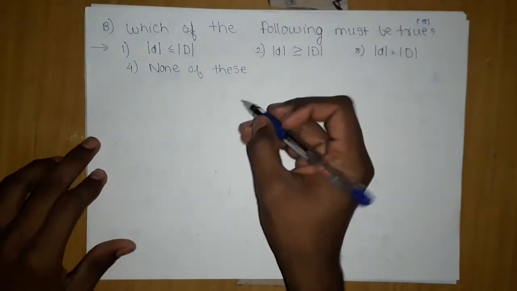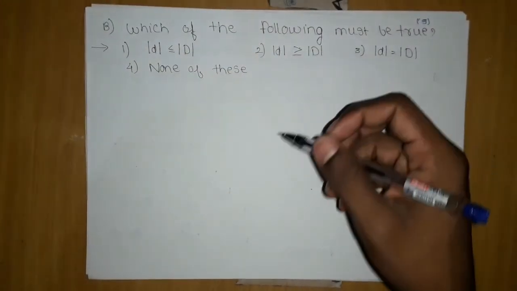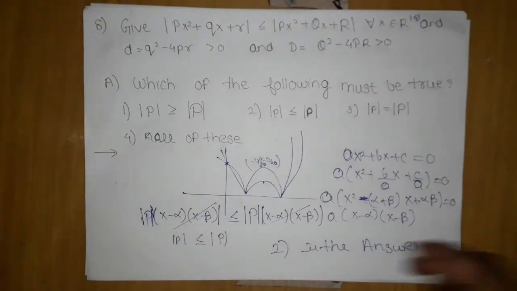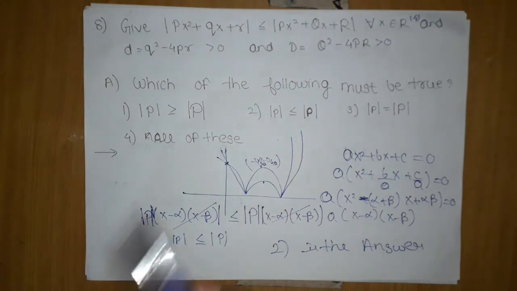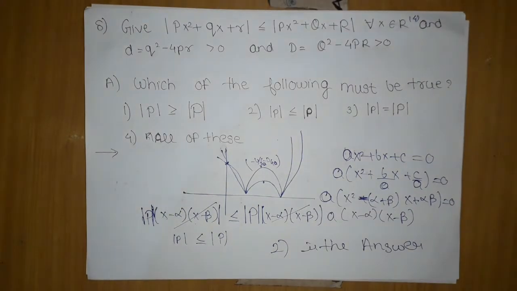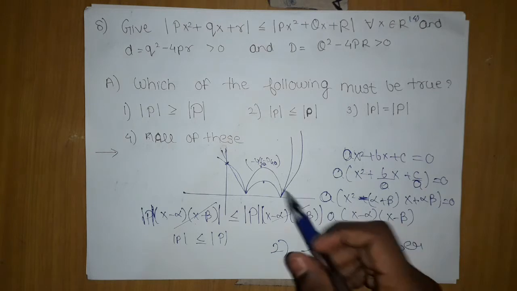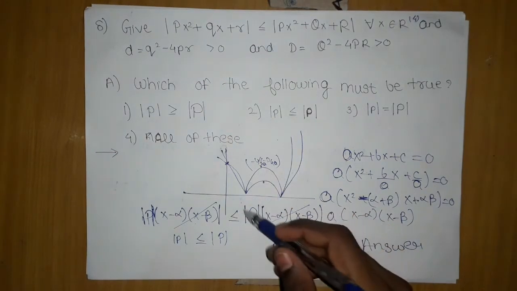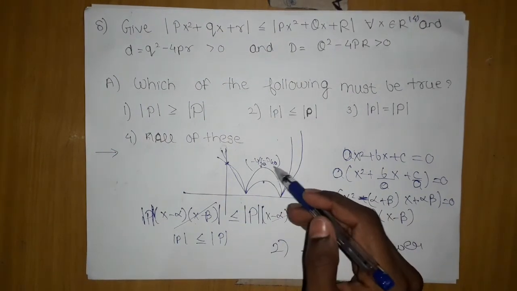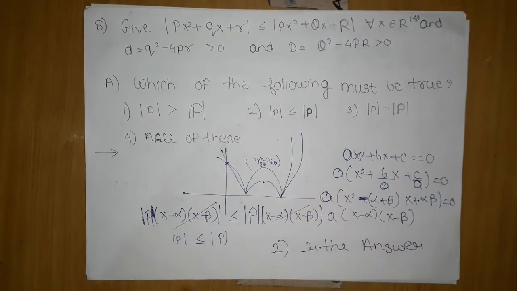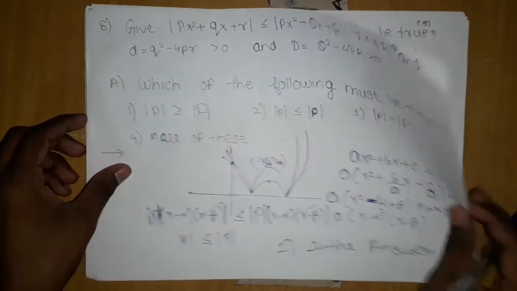Now if you remember the graph, let me take the graph again. The graph is like this, and as I have told, the roots are common for this to occur. If the roots are common and the quadratics are the same, the maximum value of this parabola becomes the minimum value, so minus d by 4a should be compared. Let's apply this condition.